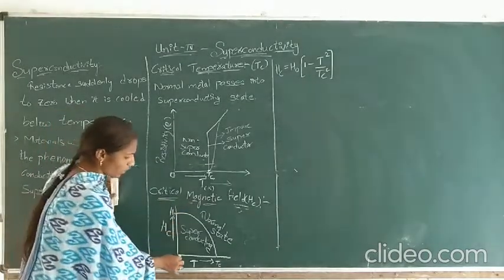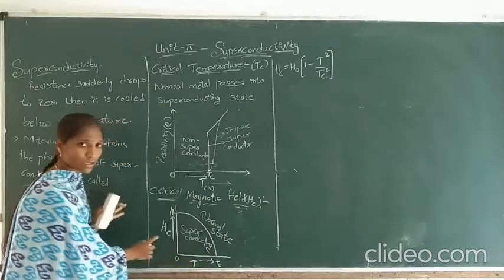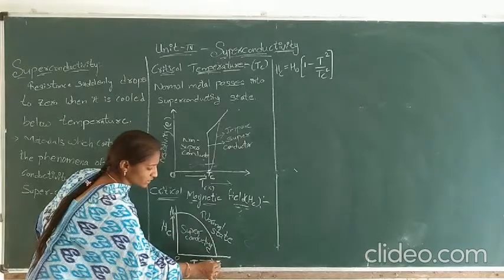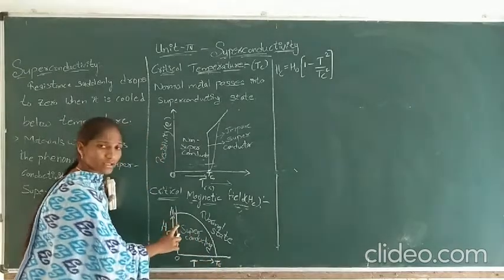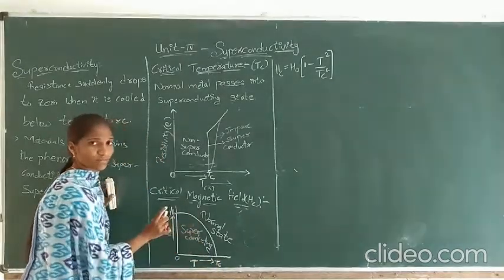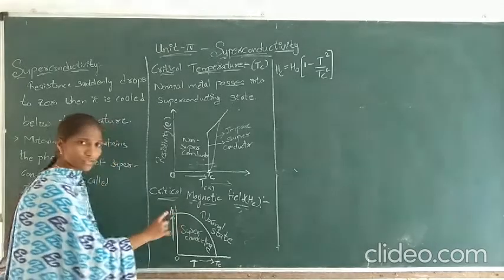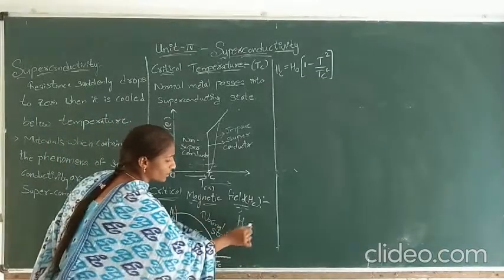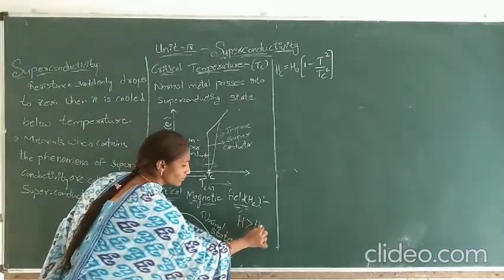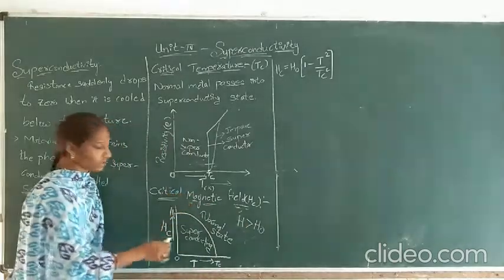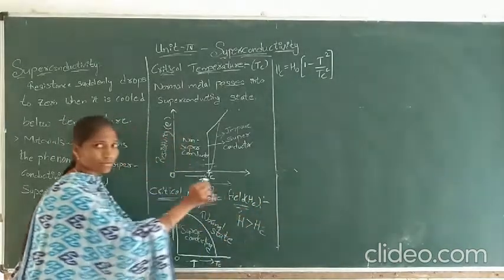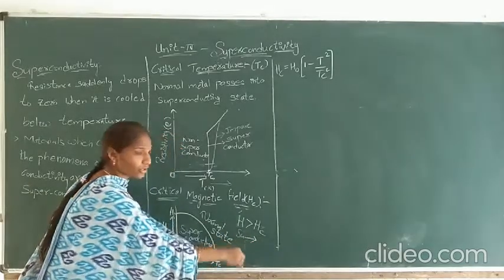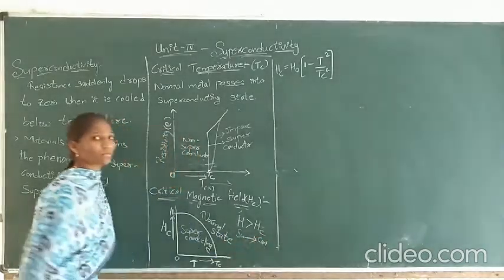Now let us plot a graph between the temperature T and the magnetic field. Up to a certain Tc and Hc, the material acts as a superconducting state. If we apply a magnetic field greater than the critical magnetic field, then the superconducting material acts as a normal conducting material.